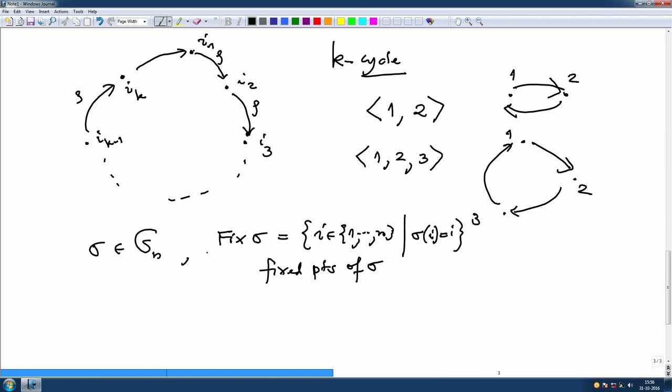So, the real action of sigma can be understood outside this set. So, the support of sigma is by definition the complement of the fixed points of sigma in {1 to n}. This is called the support of sigma.